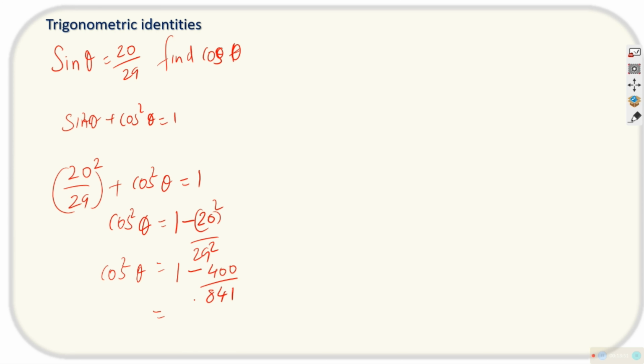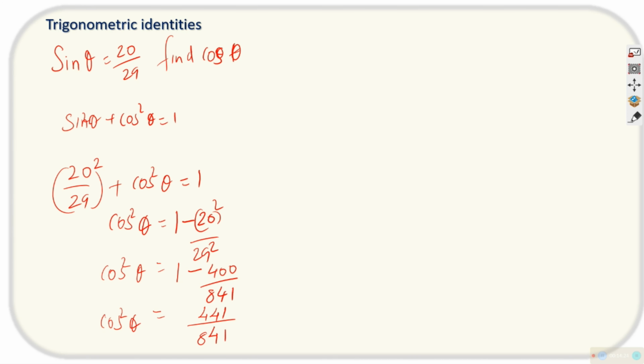It will be such that 1 minus 400 upon 841. So 841 will be there as LCM here, and 841 minus 400. That means it will become 441, right? 441 upon 841, which is cos square theta.